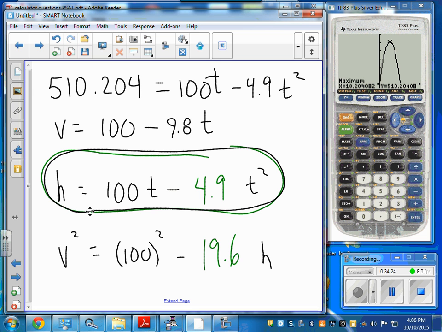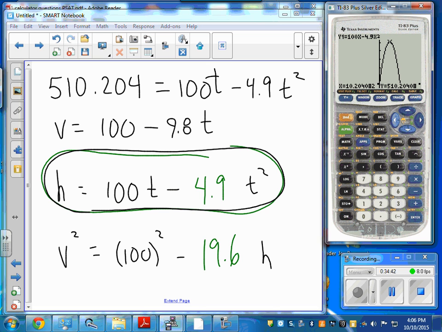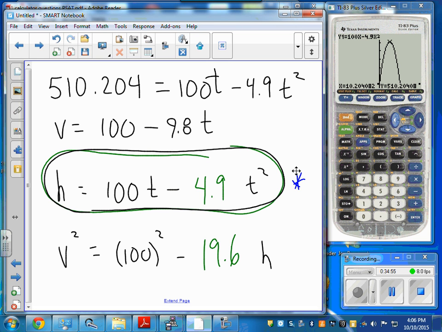And the question is, what's the time that it takes to reach that to the nearest tenth of a second? Well, this parabola that we graphed on the calculator actually gives us the information. It says when T is equal to 10.204, then the height is 510.204.